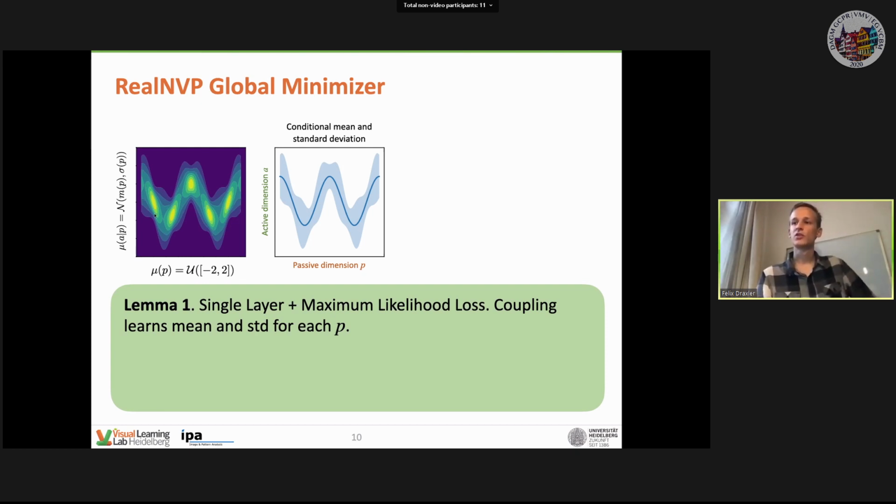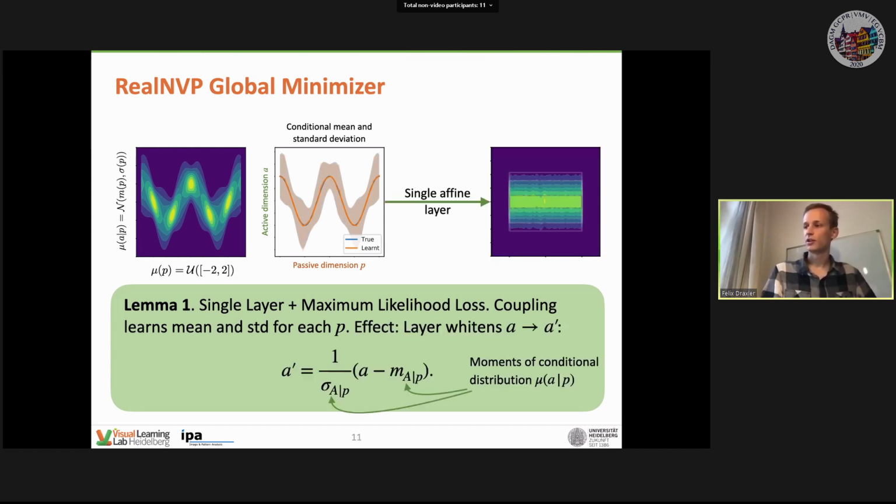We have this distribution up here, which is a uniform distribution along P and a normal distribution along A. For each value of P, we have a different mean and standard deviation for this normal distribution, just depicted here. And if we now learn this single layer, coupled to the maximum likelihood for this distribution, so using samples from this distribution, we can directly read off this conditional mean and standard deviation for each P correctly.